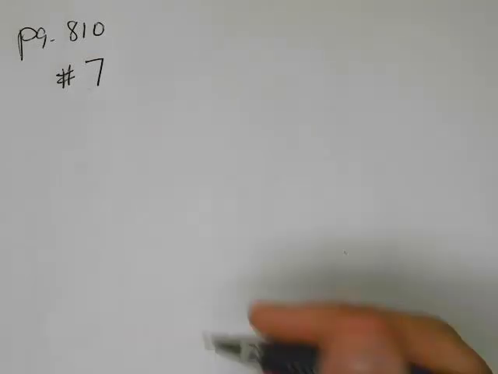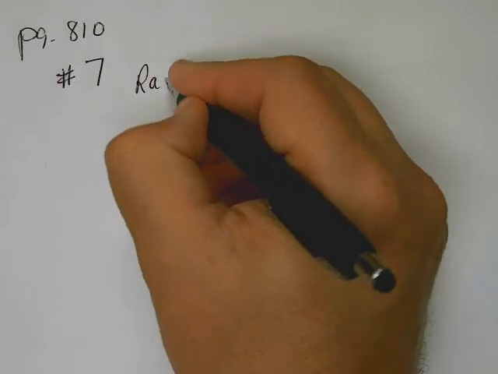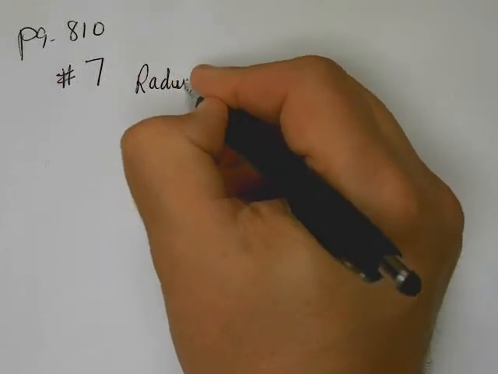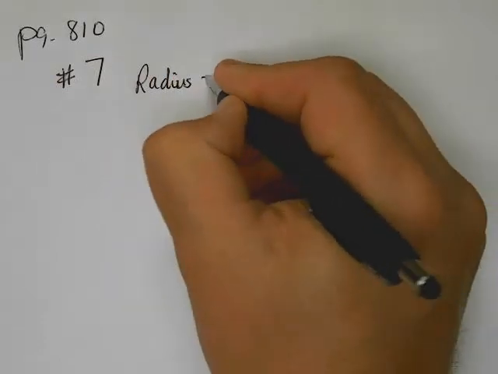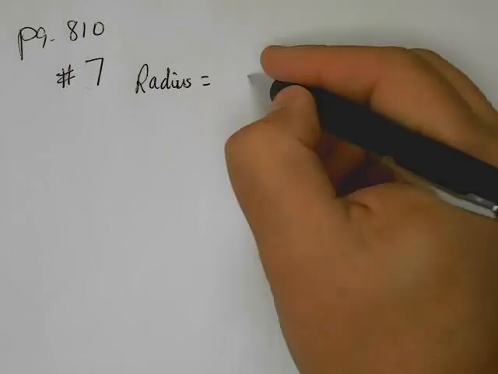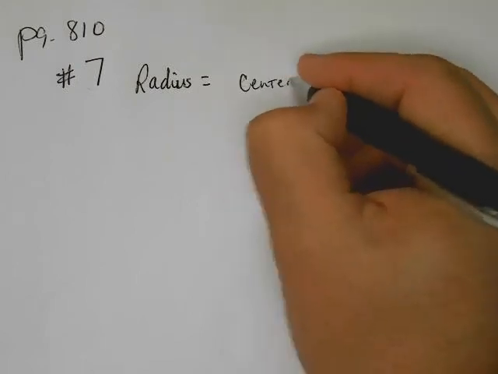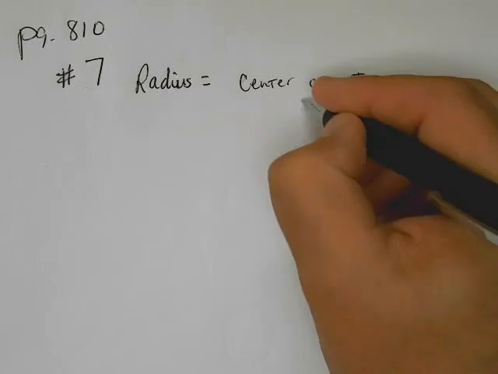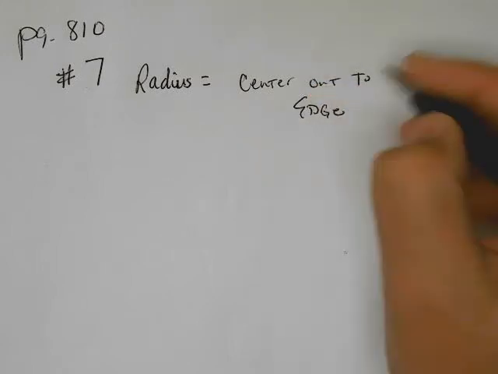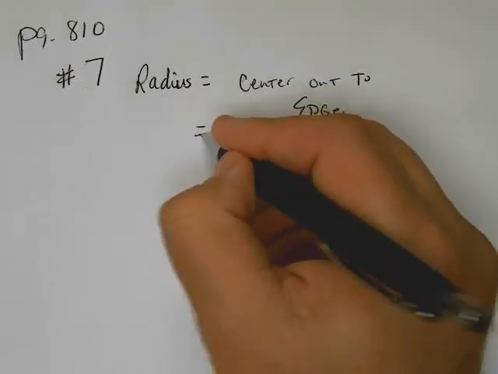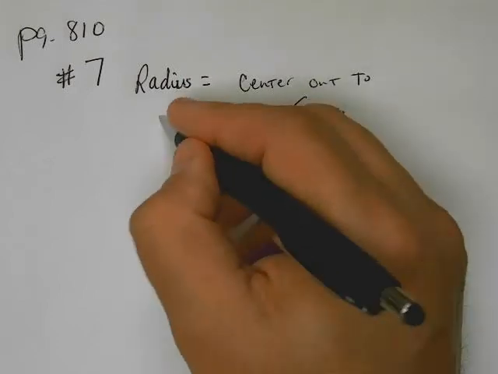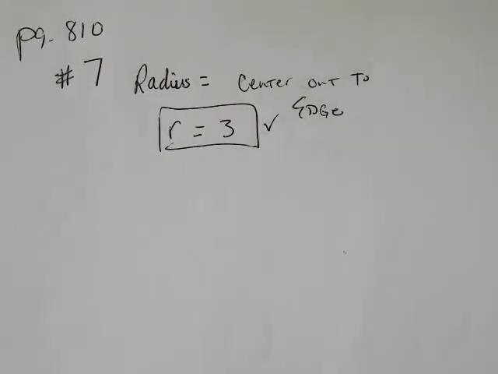And they give us a circle in the chart. I'm not going to recreate it, but they want us to find the radius. All I have to do is count from the center out to the edge of the circle. What's the length there? 3? Okay. So there's one part of the solution.